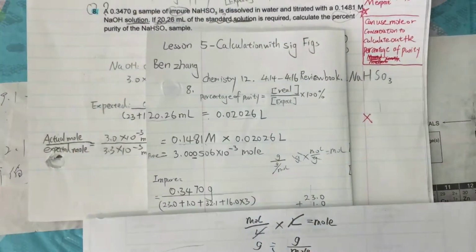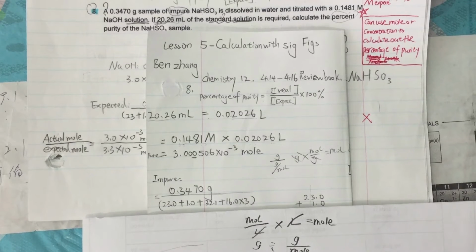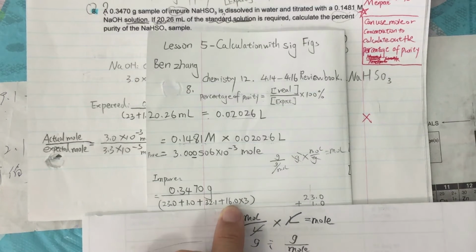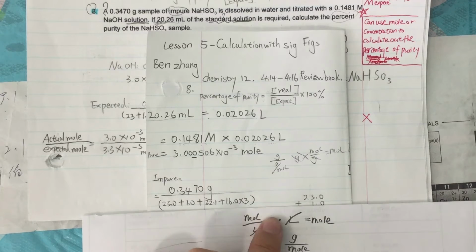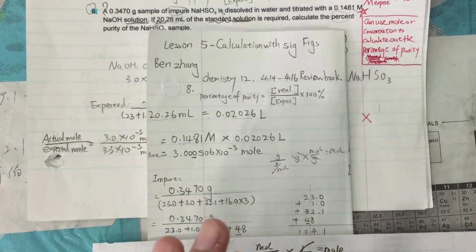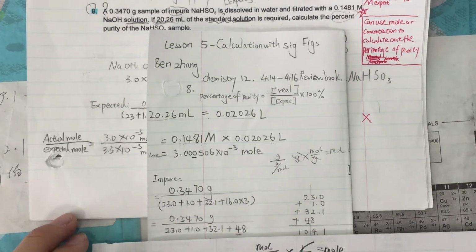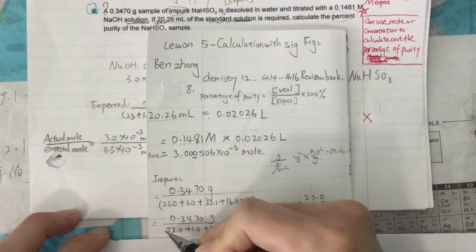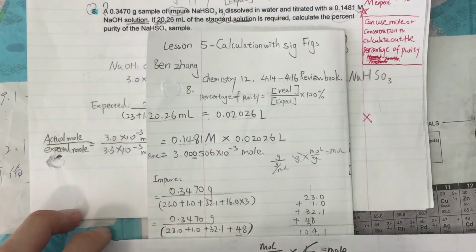According to the rules, multiplication and division go before addition and subtraction, so we calculate 16.0 times 3 first, which is 48. Because this one has three sig figs and this one has one, we round to one sig fig, but never round yet, just put the underline. We should put a bracket there in case we forget.